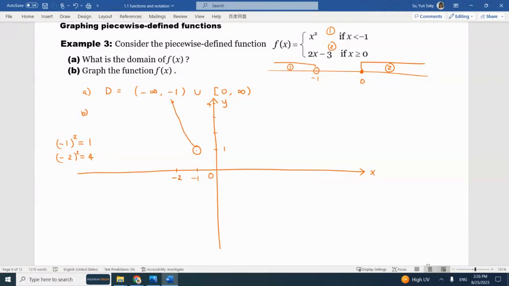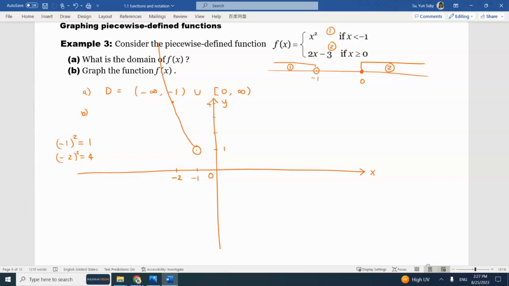And then we want to connect them. You know your parabola looks like this. Let me draw it here. So we restrict your parabola to only the region x less than or equal to -1. So it's a portion of the parabola.